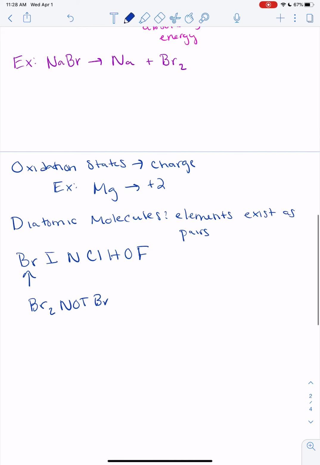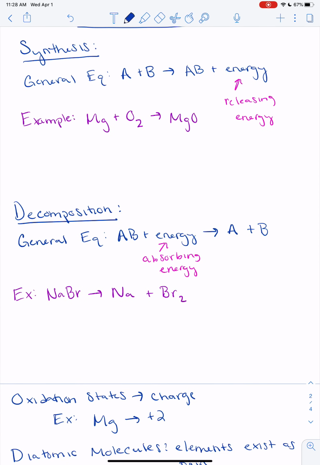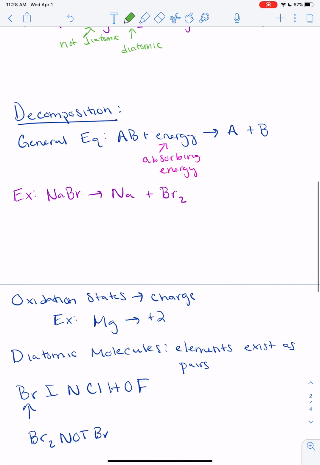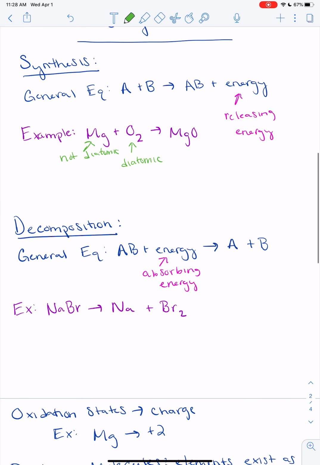So now, keeping those 2 things in mind, let's look back at our examples here. So when we're looking at this first one, we know magnesium is not diatomic. That's why it's just Mg by itself. But oxygen is diatomic. See, it's in our Brinkelhoff. Okay, so that's why it's O2. And then how did we get this MgO?